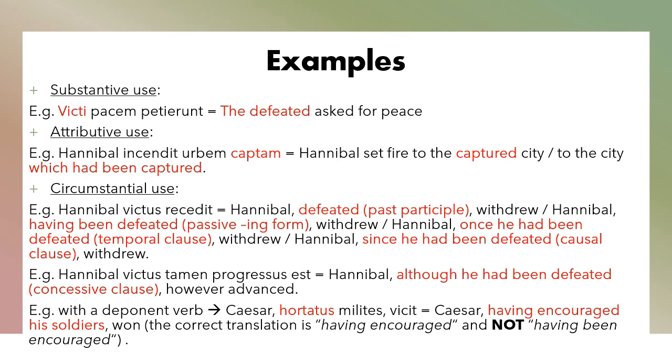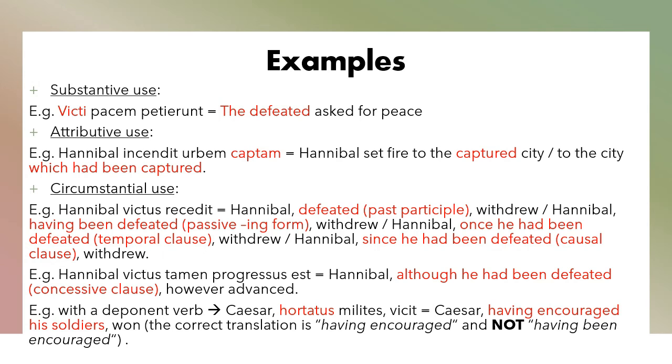Let us see the circumstantial use. Hannibal victus recedit. Even in this case, the best option is using a simple past participle. So Hannibal, defeated, withdrew. But I can also use a passive ing form. So Hannibal, having been defeated, withdrew.